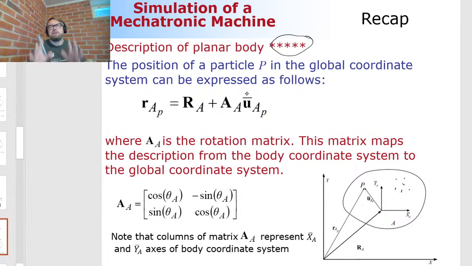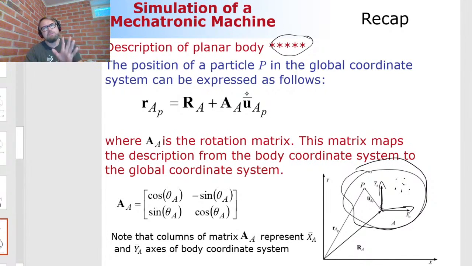Well, we decided to make that happen with the help of the body reference coordinate system. A body reference coordinate system is like a coordinate system that travels along with the body. All right. So I have here a potato-shaped body, and in my potato-shaped body, I have a body reference coordinate system.